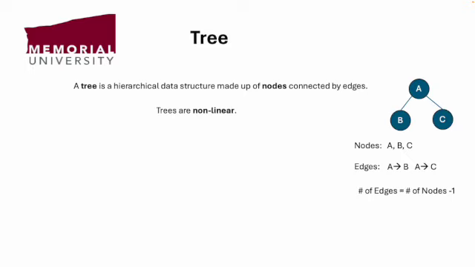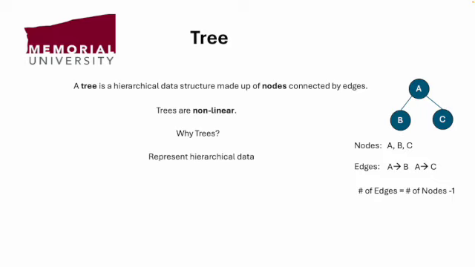So tree is not linear. Before, what we saw, like linked list, queue, and stack, are all linear structures. But starting from tree, it is not linear. So that's why they can solve much more complex problems. Why do we use a tree? There are some scenarios where we need a tree structure to solve them.